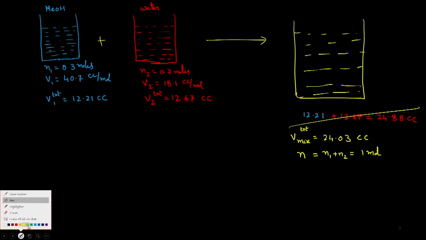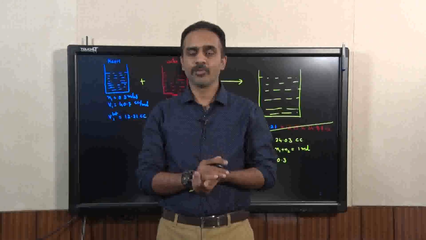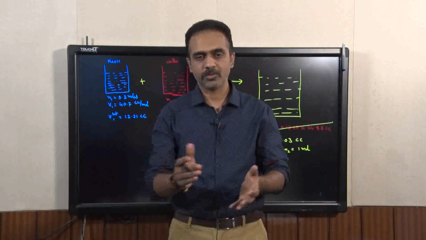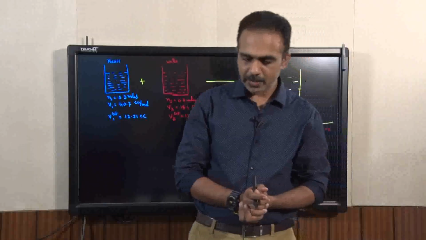And then the mole fraction in this scenario, let's write the mole fraction for methanol with this subscript 1 in this scenario is 0.3. So now I have a case where I have a mixture with 0.3 mole fraction for methanol, whose total volume, or the volume occupied by 1 mole of this particular mixture, is 24.03 cc.